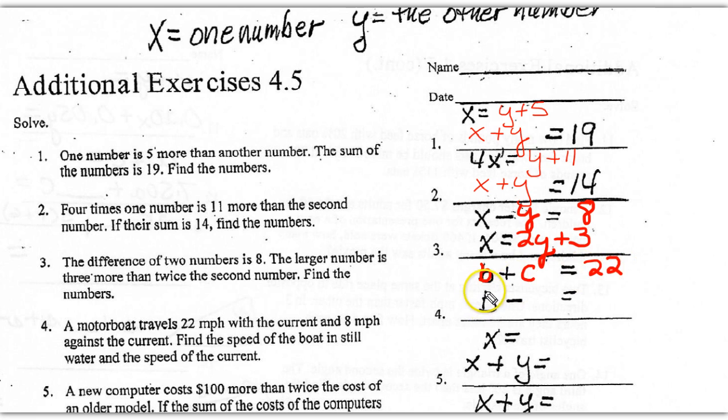Now, this same boat in still water, its speed would be B, but now going against the current, it's going to only travel 8 miles per hour here.